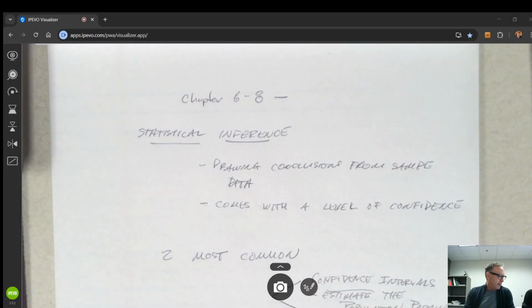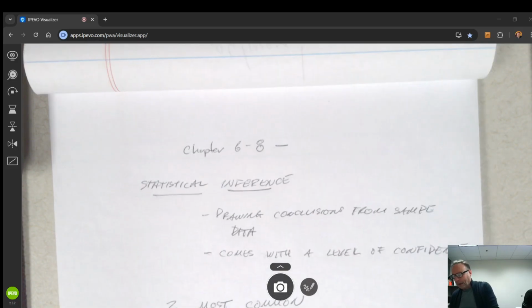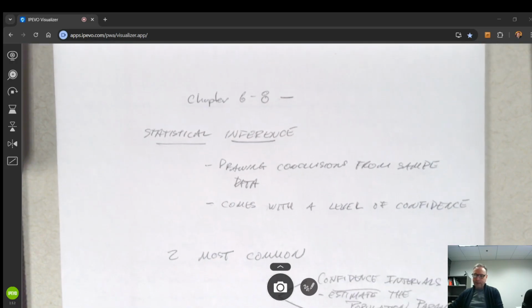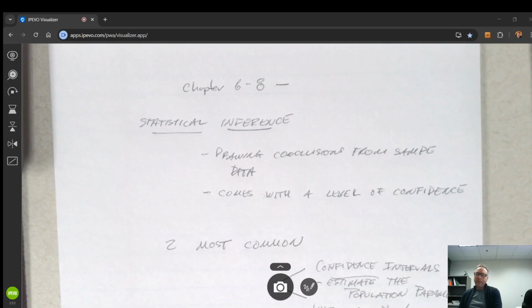Let's see, laptop and profile. All right, so this is what I wrote about an hour ago, but I'll just step you through it. This is a little bit of a review. We started out with this, but we're now into chapters 6 through 8. That is the next section of the class, and that's on statistical inference.